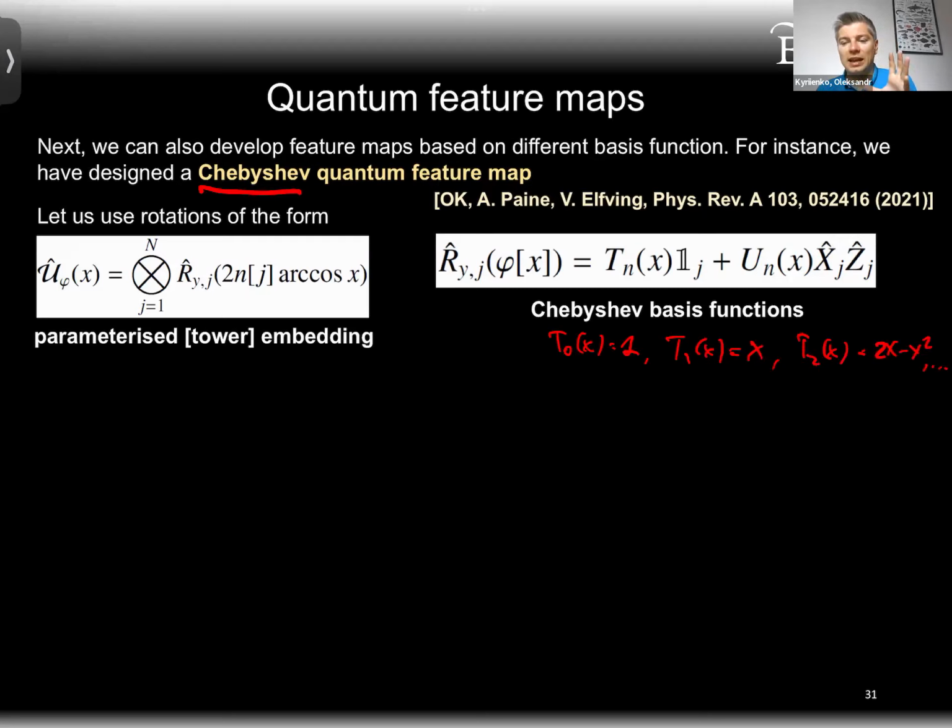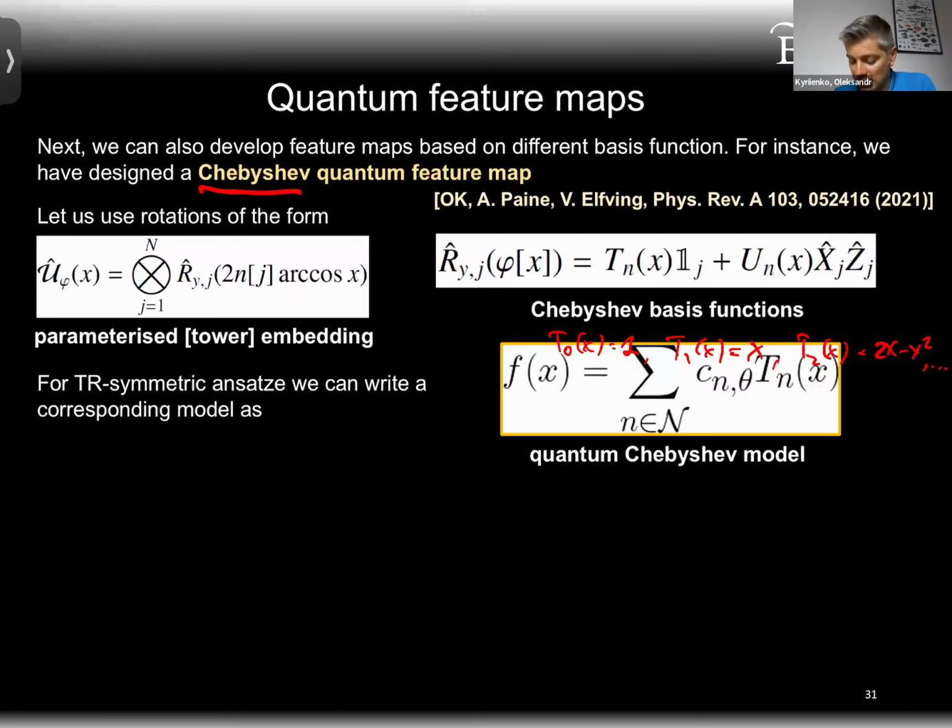T2 of x, if I remember correctly, is something like 2x squared minus 1. So you get polynomials that with increasing degree n add components with linear, square, cubic, but they also have mixed terms such that you could make them orthogonal at a certain point. And if you combine rotations with weighted arccosine operations, you actually generate the Chebyshev states.